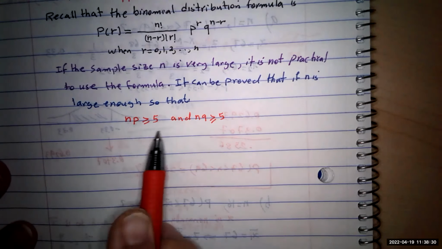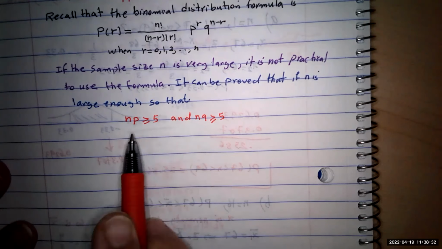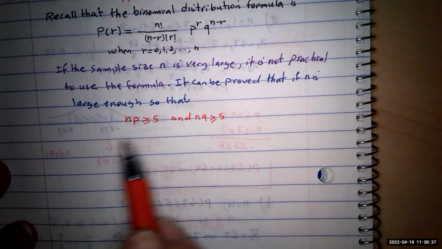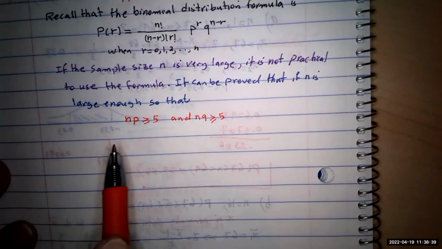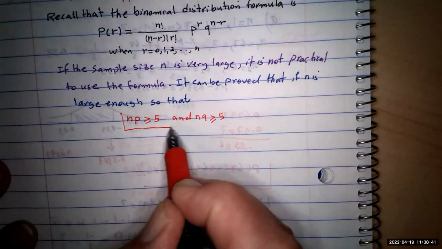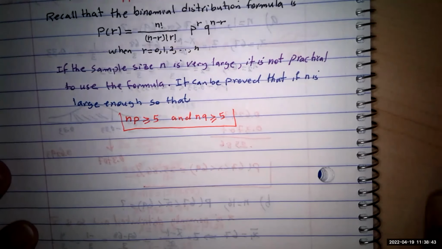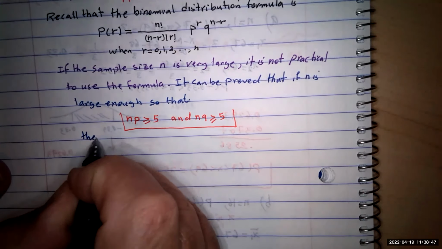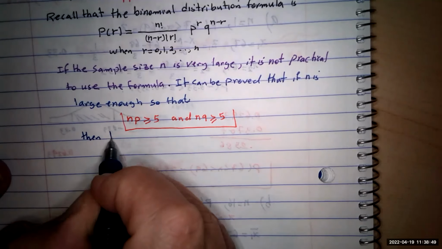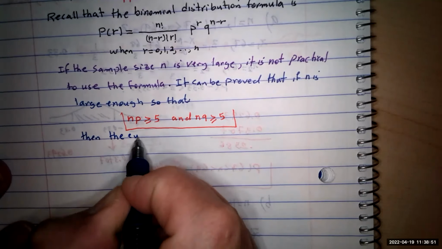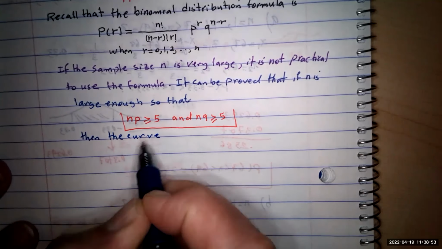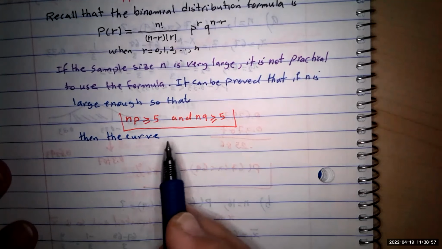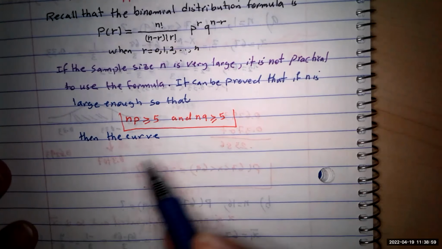It can be proved that if these two are satisfied, and the reason is when we prove it, we arrive at these two numbers as a cut point, if you like. If both conditions are satisfied, then the curve, remember, the curve of the binomial distribution is a histogram, but the curve of a normal distribution is just a bell-shaped curve.